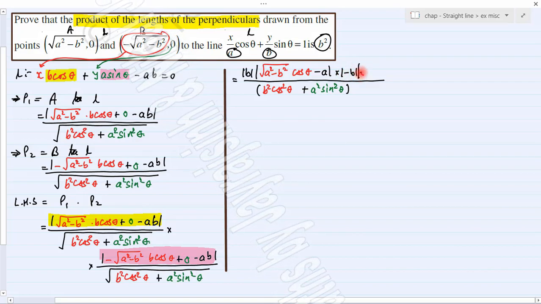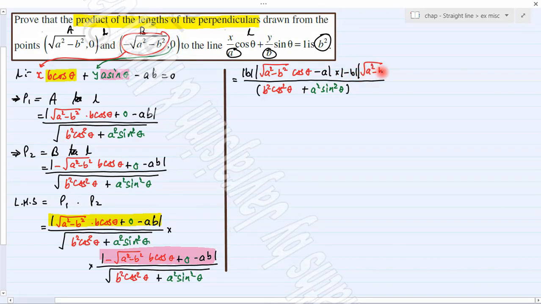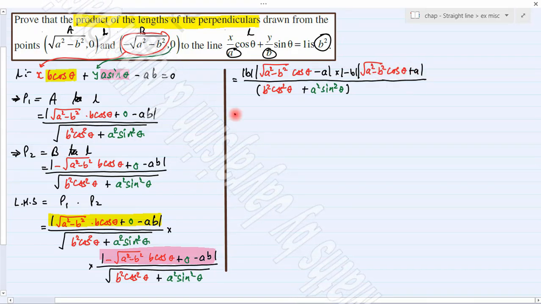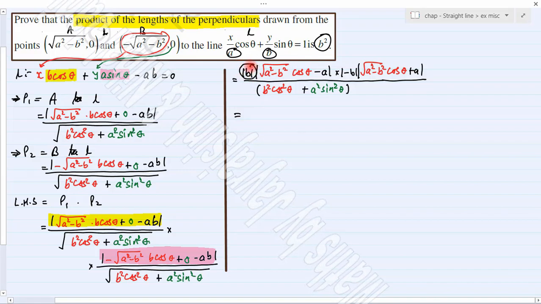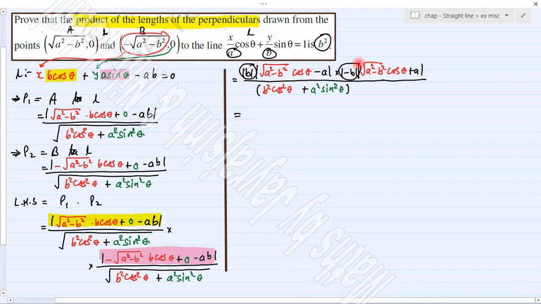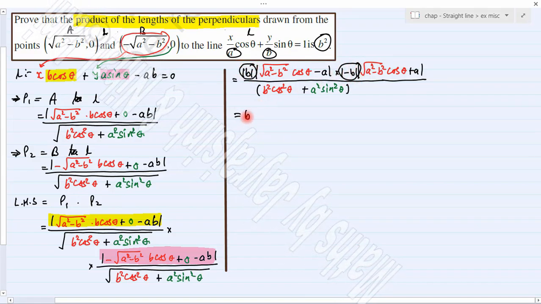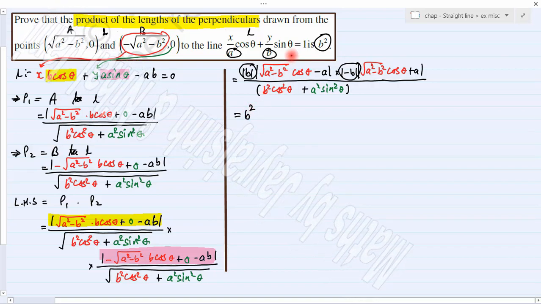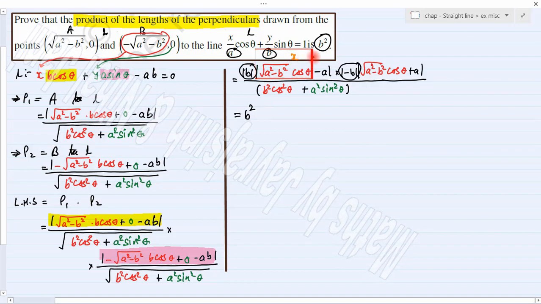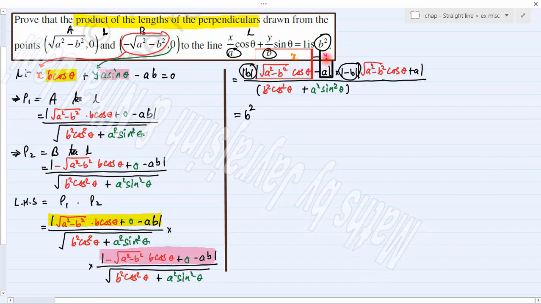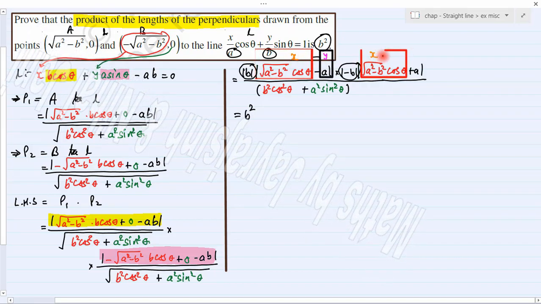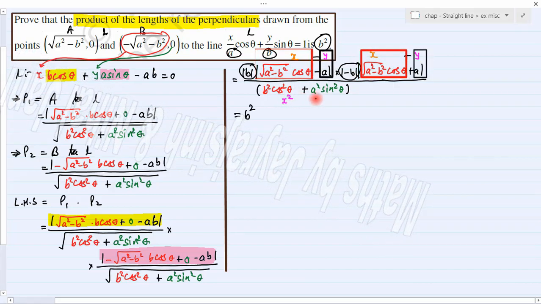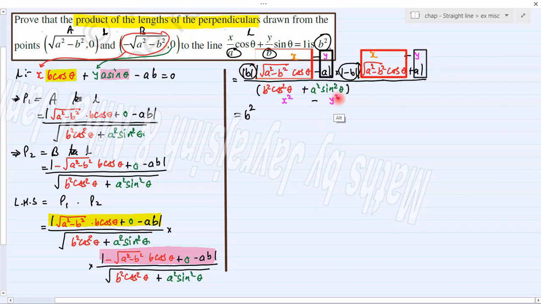So we will get under root of a square minus b square cos theta plus a. So here mod b and this mod minus b, or we can say mod b, will become b square. Now here we have the product of x minus y and x plus y. So it can be rewritten as x square minus y square.